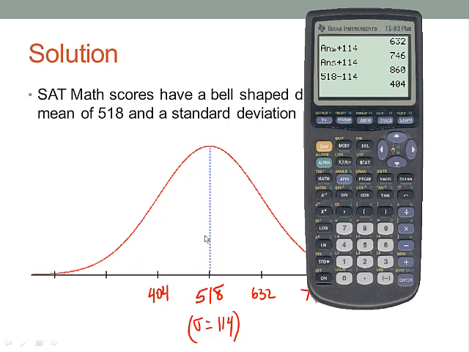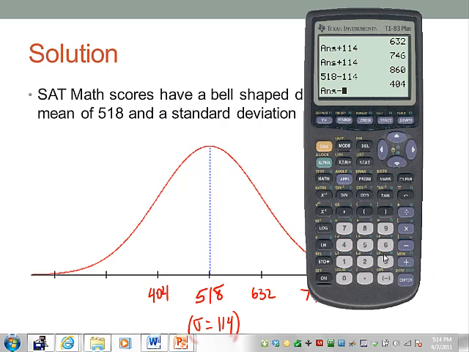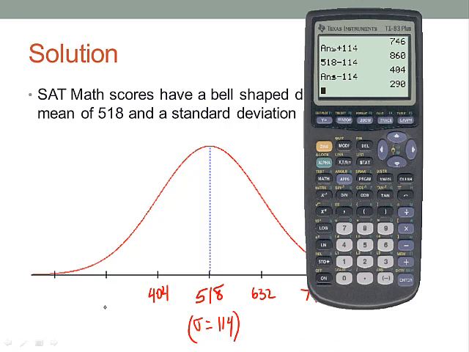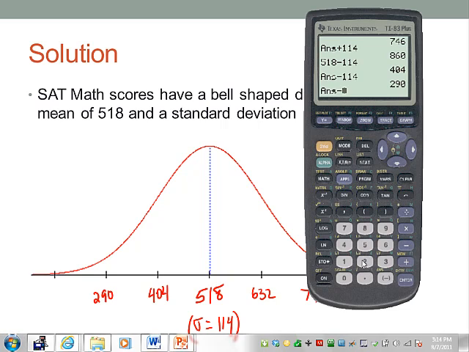And then do another minus 114, 290. And then do one more, and you're probably already way ahead of me. Minus another 114, 176.